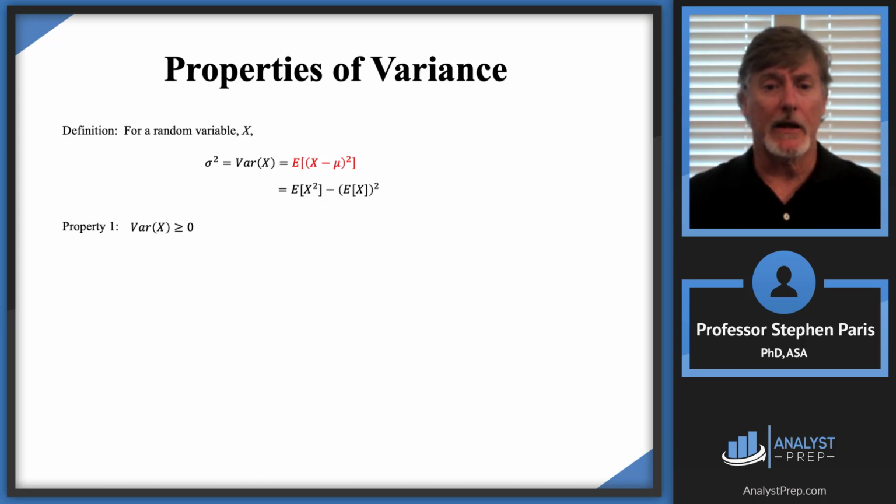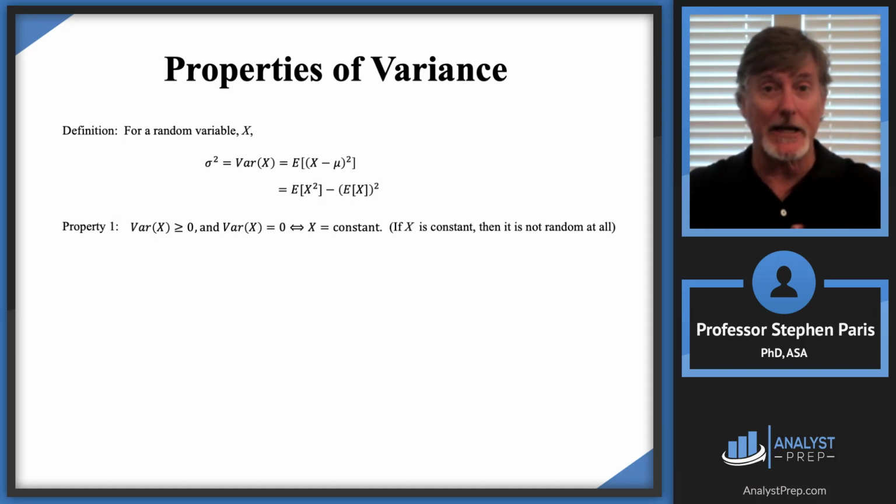And not only will it be non-negative, but when the variance is equal to 0, it means that the random variable is a constant. In other words, it's not even random at all. That's kind of what variance is telling us, how spread out the data is. We defined variance in a way so that the numeric value we get is going to be 0 if there's no spread to the data.